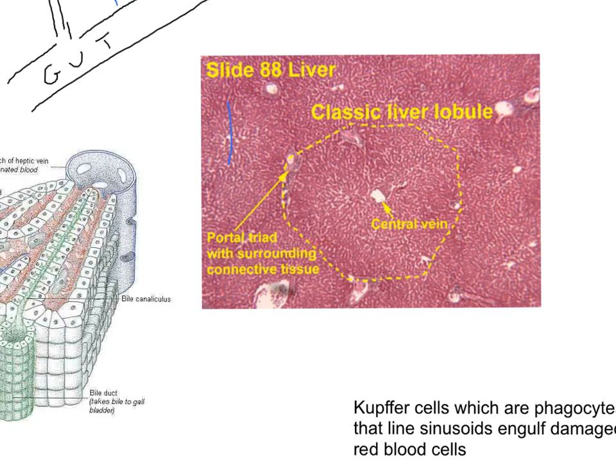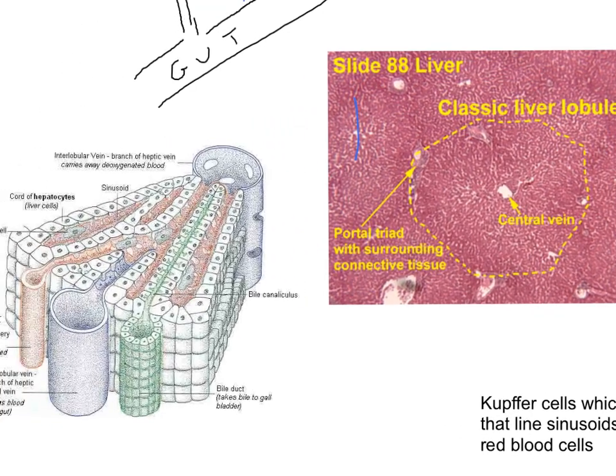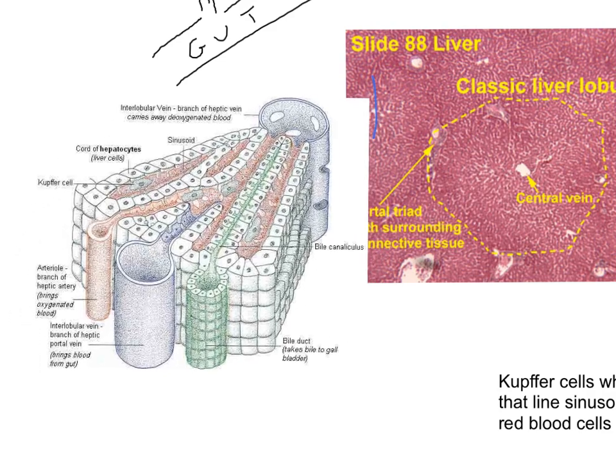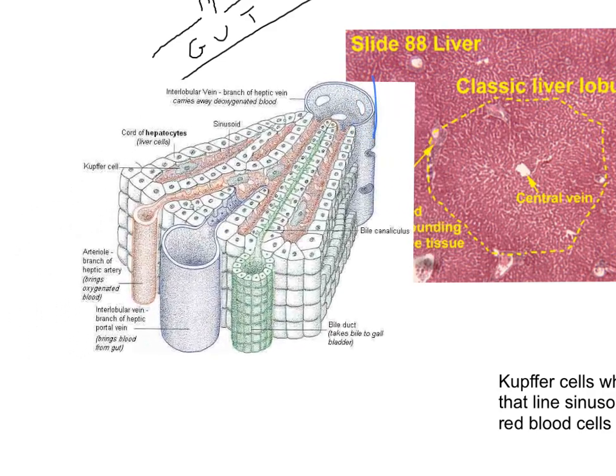If I now look at this diagrammatically, i.e. if I take a cake slice type sample of this to show you what it looks like in terms of a diagram of how the cells are arranged, I get this type of arrangement here, where in the middle, which is equated to this here, we have a branch of the hepatic vein.